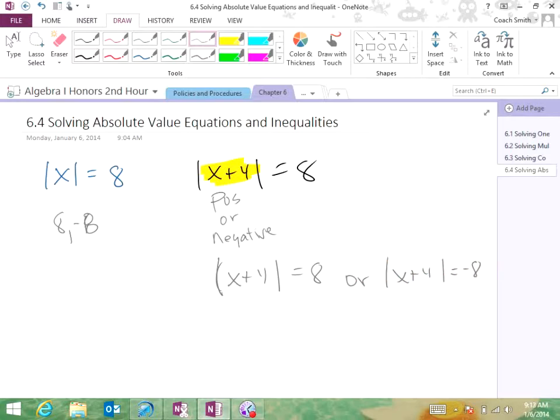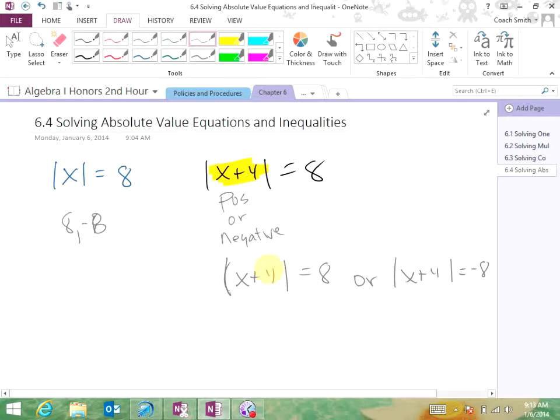-8. If absolute value is always positive, how is it negative? What I am saying is this: this value here, whatever that equals, could be negative or positive.